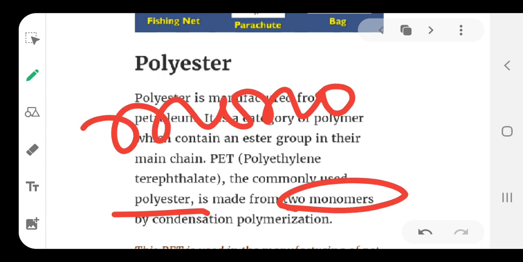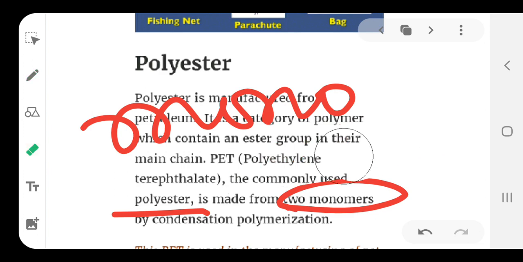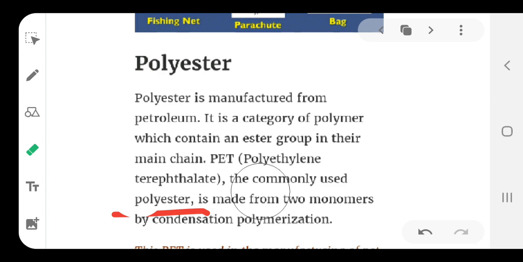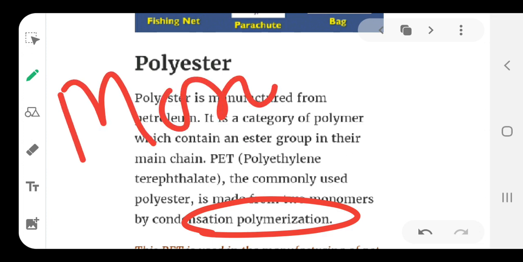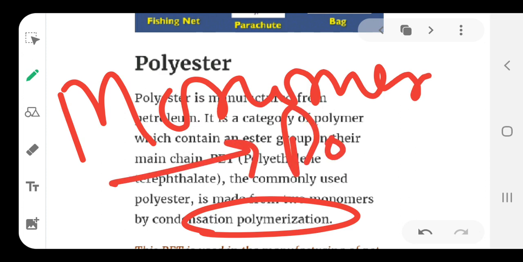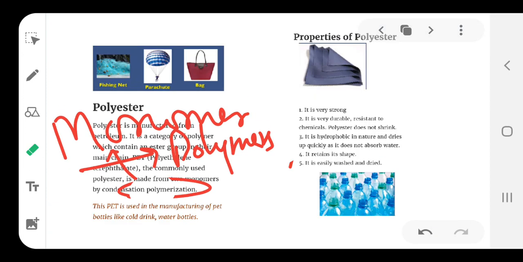When we combine these monomers to form polymers, that process is referred to as polymerization, which I have already told you in the beginning of the chapter. So write down this word, polymerization.